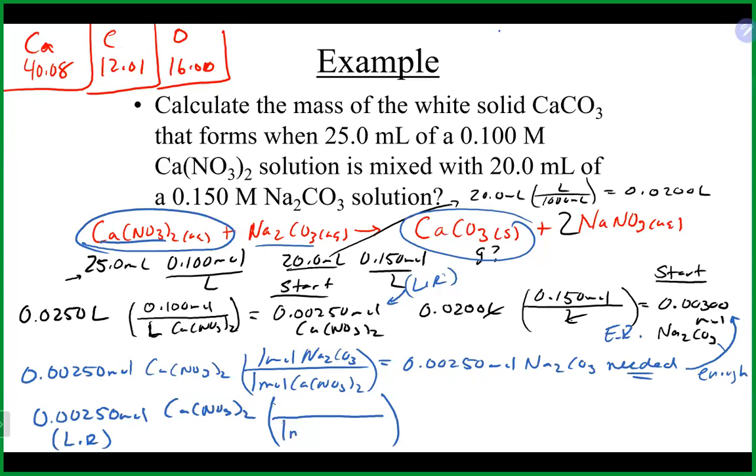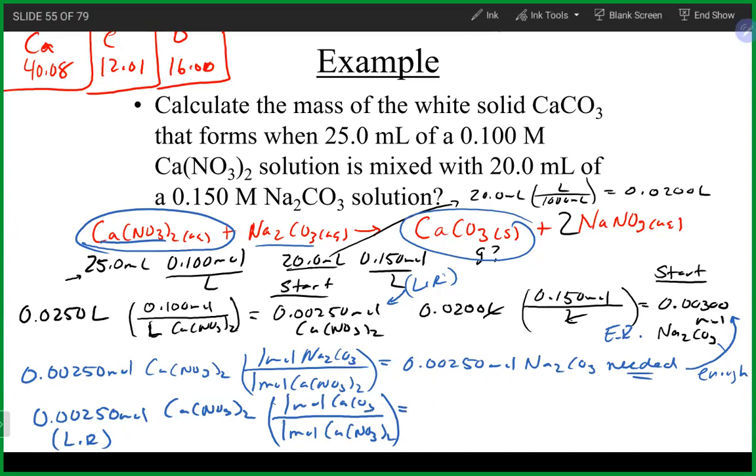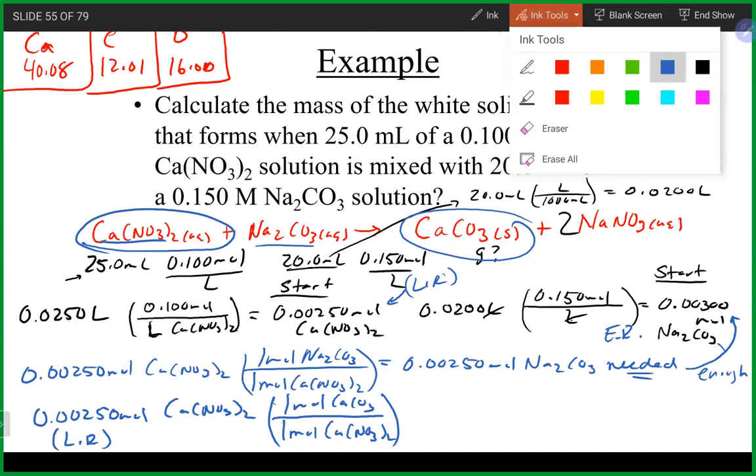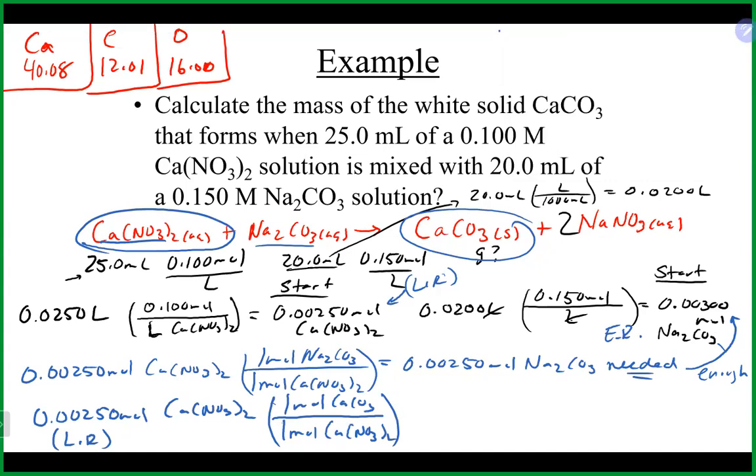And obviously, as you know, they're not always going to be 1-to-1, just happens to be in these few examples here. That's going to tell me that if I stop right there, that would tell me how many moles of my calcium carbonate I would produce. But we are looking for grams. So I'm going to need the molar mass here to finish up the calculation.